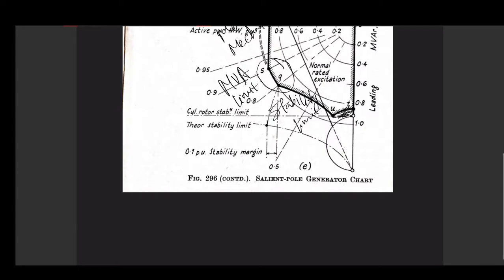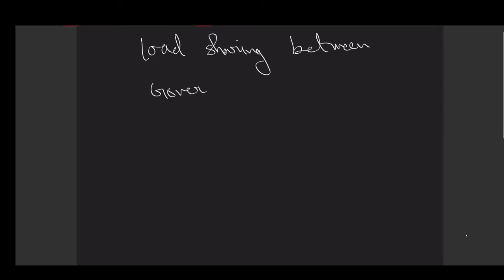Okay, now we will discuss only one small thing and then we will conclude. The topic is load sharing between governors.